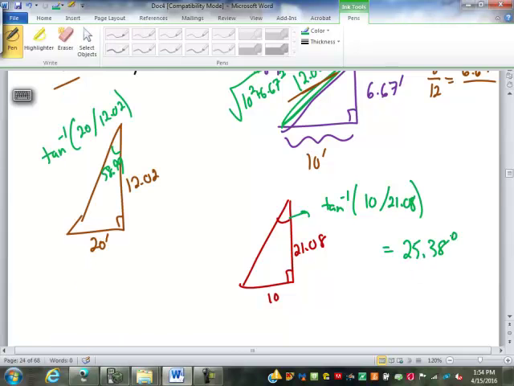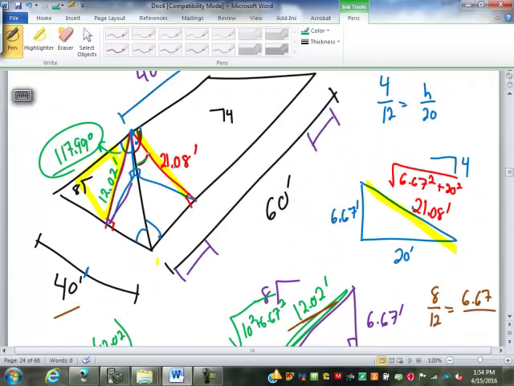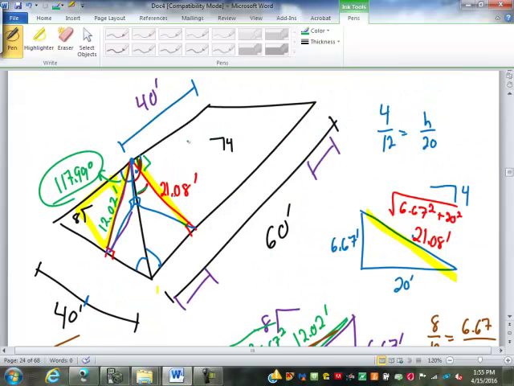Do I double it? No, I add 90. Why do I add 90? Because that was this angle. This here's 90 degrees. So that whole thing is 115.38 degrees. How do I find this angle?